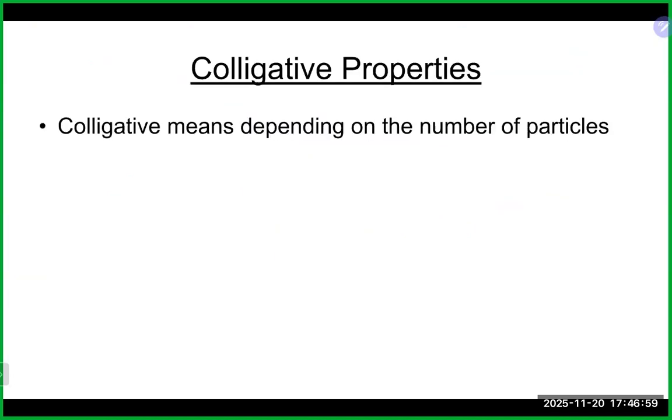All right, then to pick up where we left off, we're going to talk about colligative properties of solutions. Colligative properties basically means the property is dependent on the number of particles present in a solution. The more particles present in a solution, the more disruption it will cause.